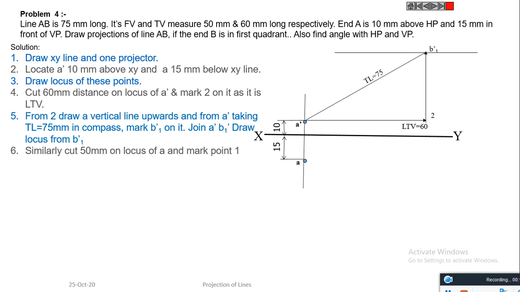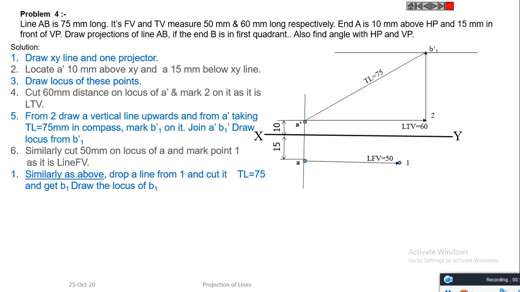Similarly, cut 50 millimeter on locus of A and mark point 1 on it. It is the line front view.